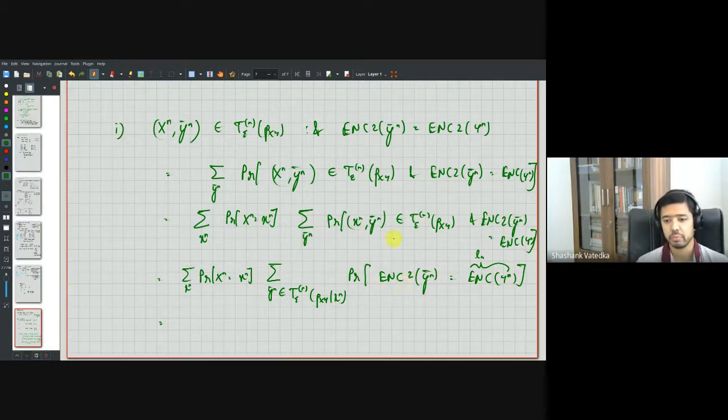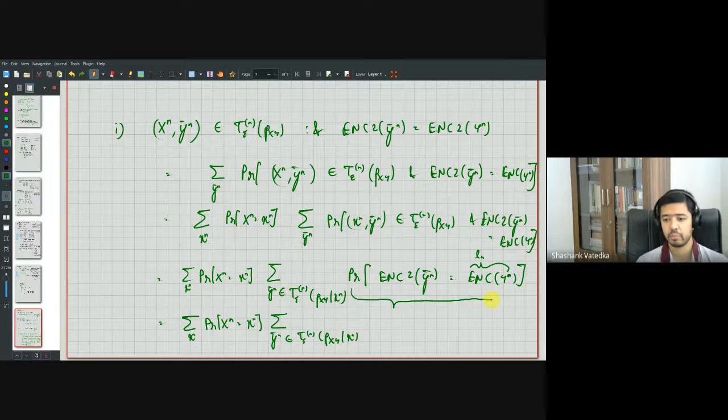So what is the probability that this is equal to some particular ln length sequence?